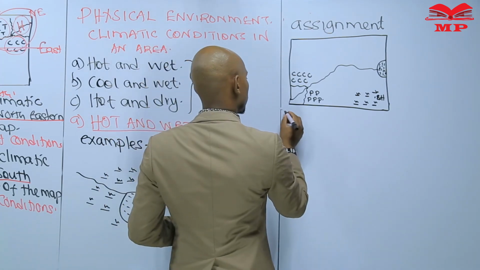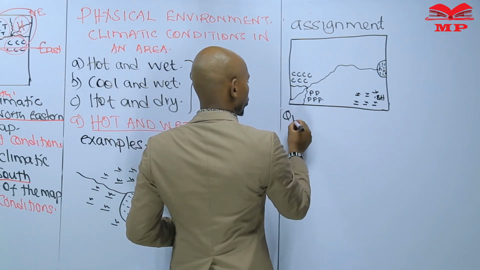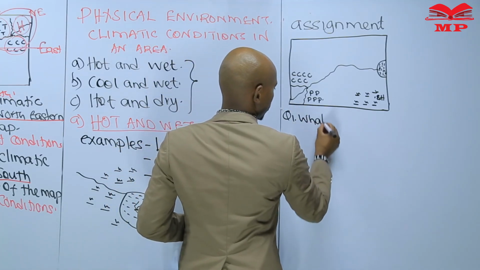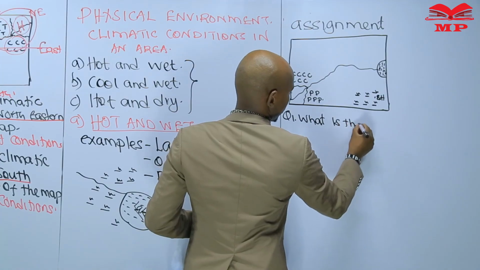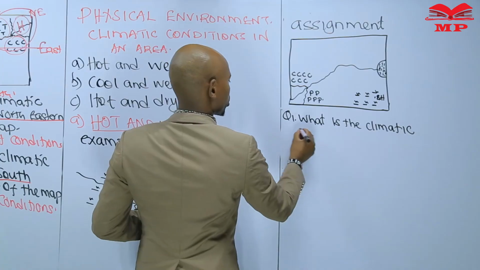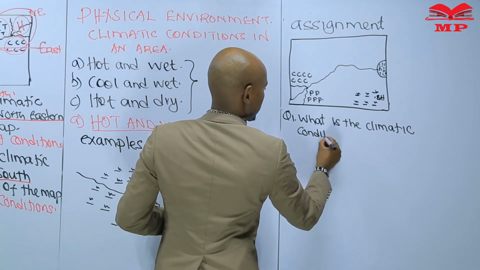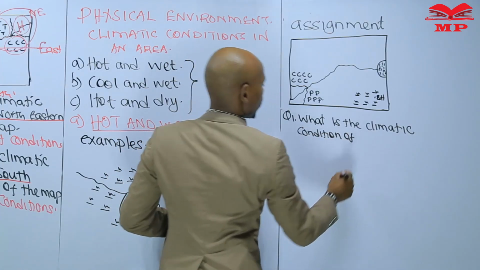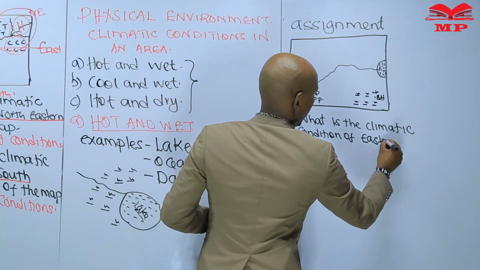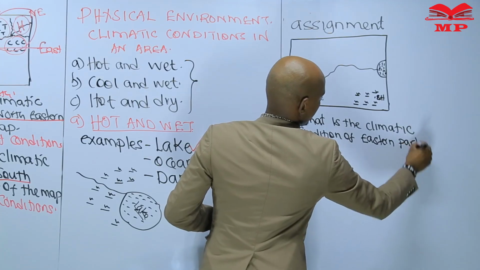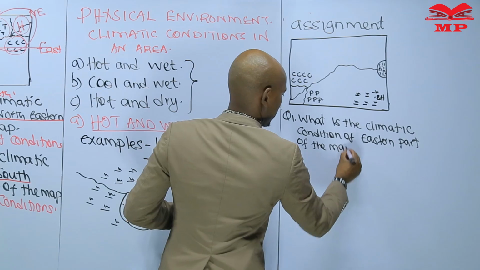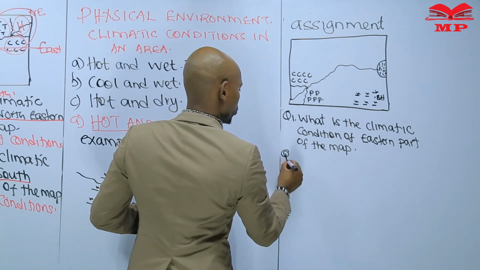So let's go to the questions. Question 1. Attempt this. What is the climatic condition of the eastern part of the map? Question 2.